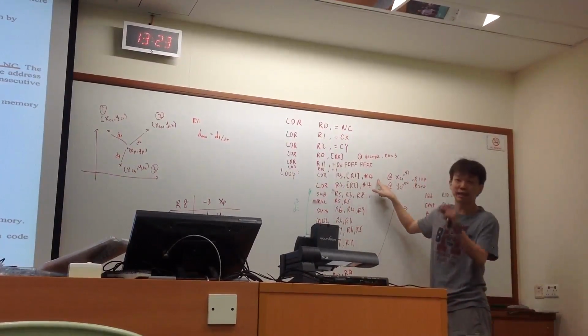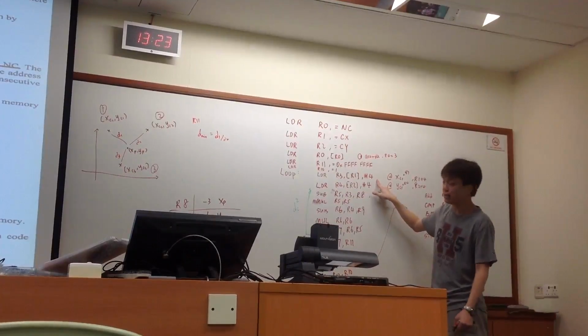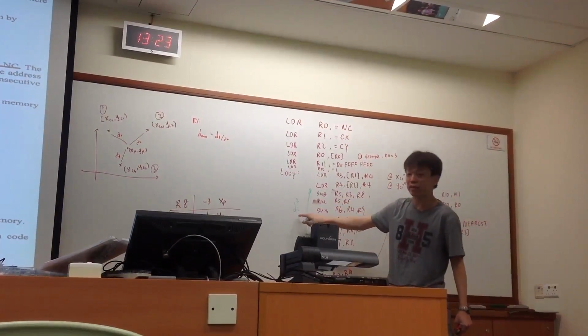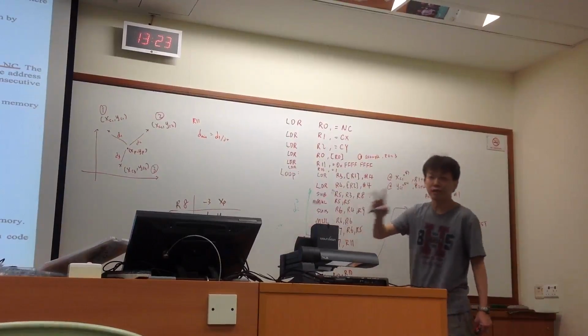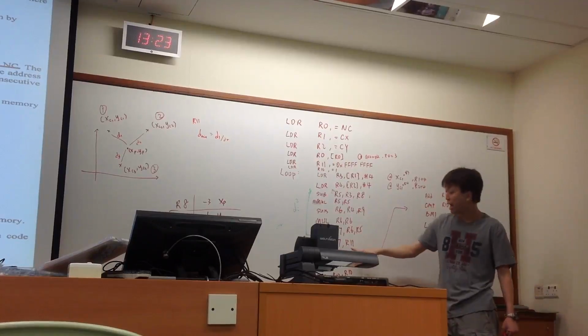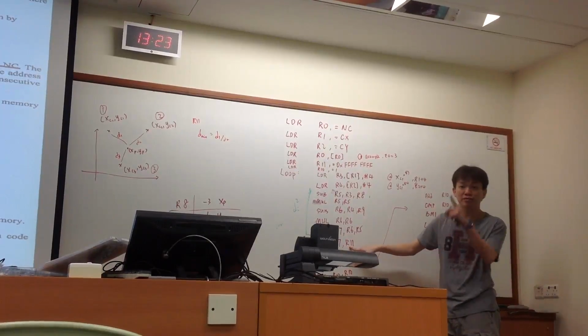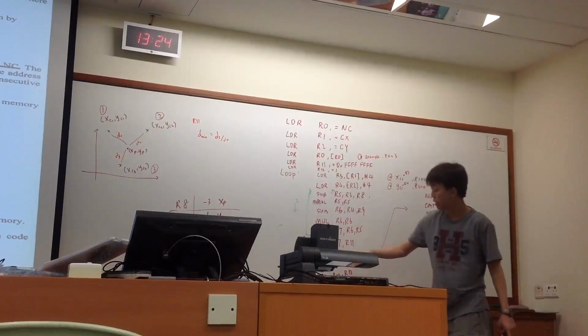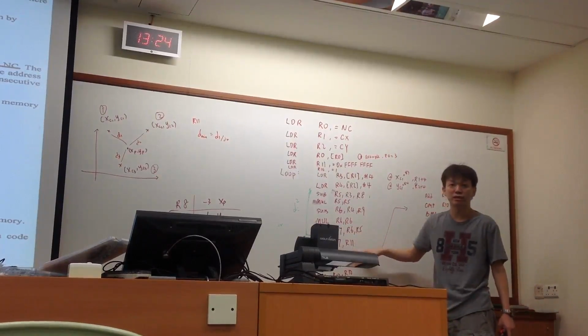I'm loading the x and y for the second object and calculating D2. This time I compare again. R11 just now stored the first object distance, because I assumed object 1 is the shorter distance. Then I compare it with distance 2 to see which one is smaller.